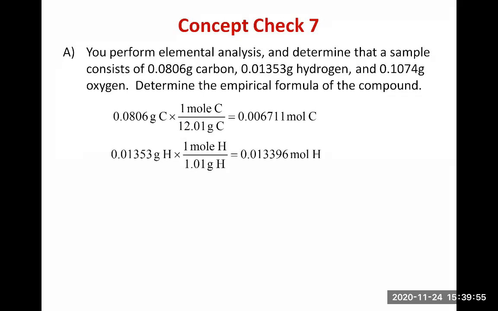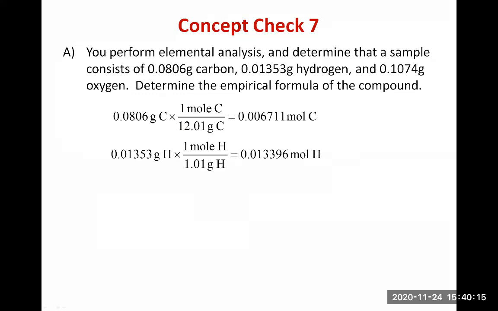Hydrogen, you take its mass, 0.01353 grams of hydrogen multiplied by 1 mole divided by 1.01 grams of hydrogen. That's the molar mass of hydrogen, written as a conversion factor with the grams on the bottom, so that we can cancel the units of grams of hydrogen.